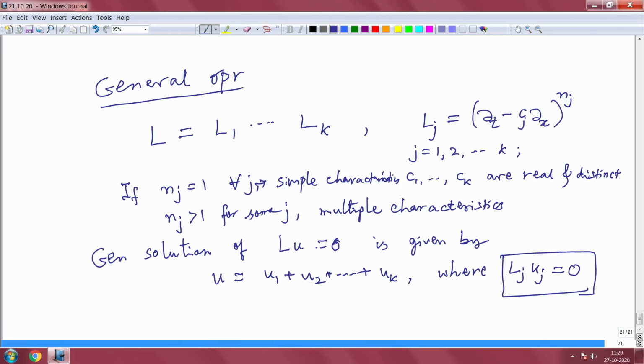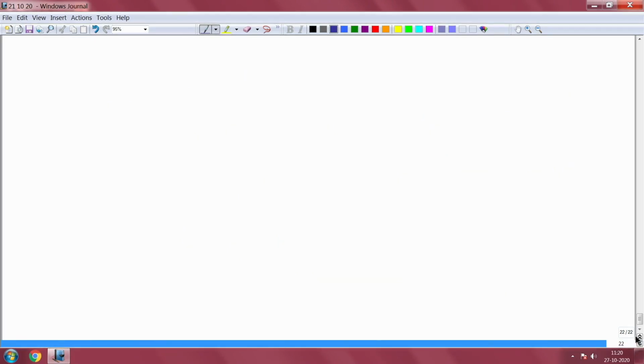So, with this we will now move on to the wave equation again, but now the wave equation in the first quadrant. So far we considered it on the real line, but now we are considering only on the positive axis.